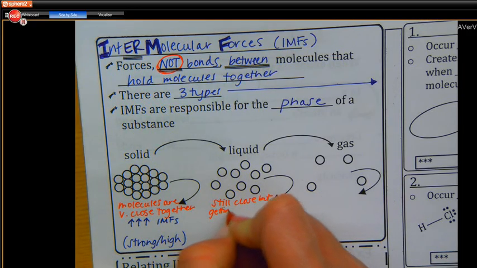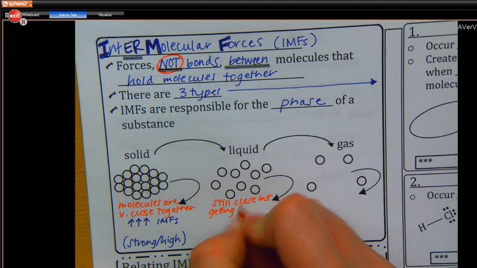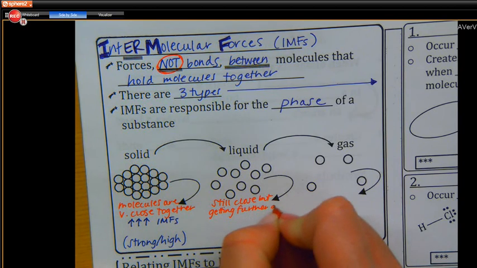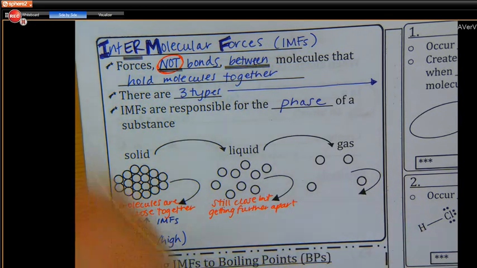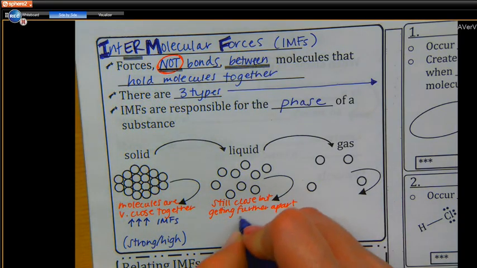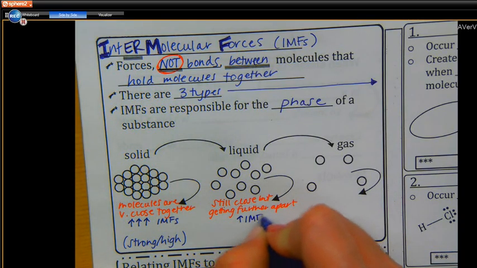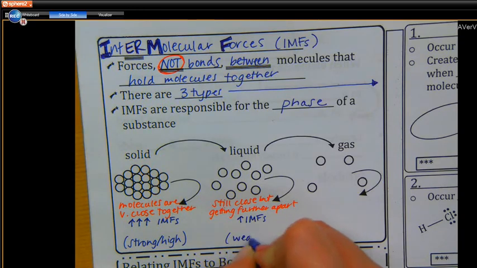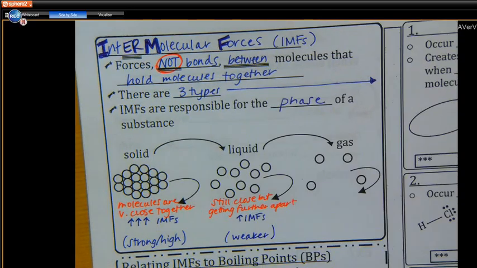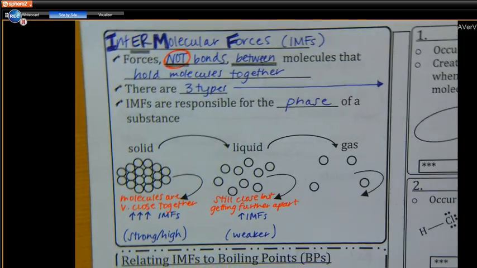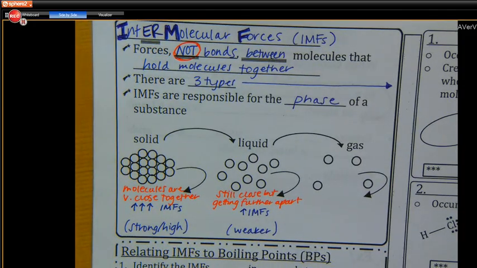When we are changing the phase, water, for example, H2O, can be solid, liquid, or gas. When we are going from a solid ice to liquid water, when we're melting, that means we are weakening our IMFs.